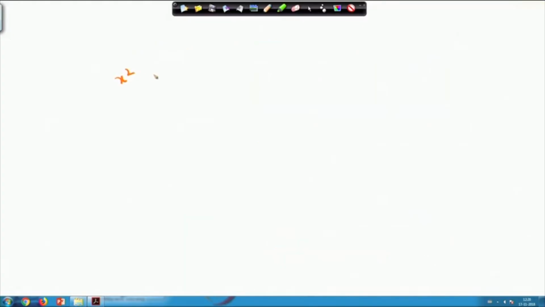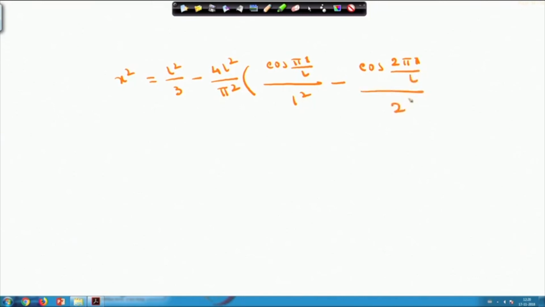your x square equals L square by 3 minus 4 L square by pi square, this will be in common, into cos pi x by L divided by 1 square, minus cos of 2 pi x by L divided by 2 square, plus cos of 3 pi x by L divided by 3 square, minus, and like this way it will continue.